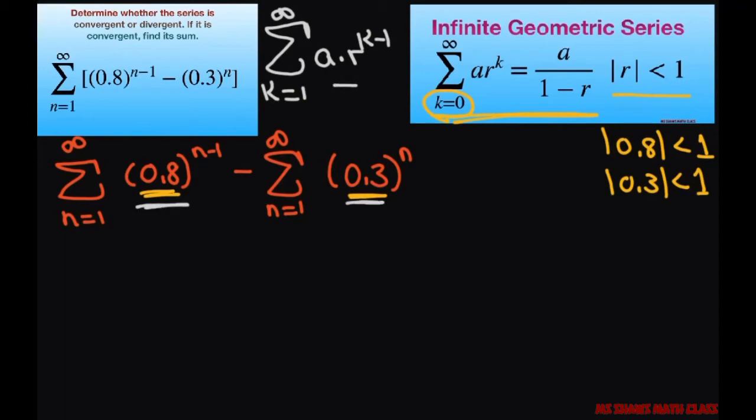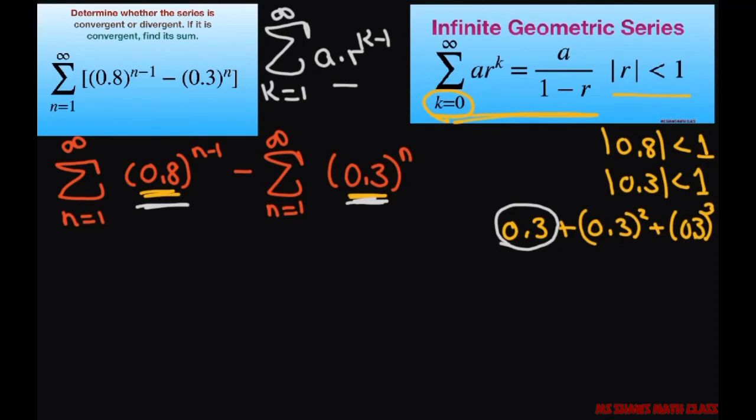This one's a little different. If I write out this formula and put in 1, my first term is going to be 0.3. My second term is going to be 0.3 squared. My third term is going to be 0.3 cubed. So basically, my first term is actually 0.3.